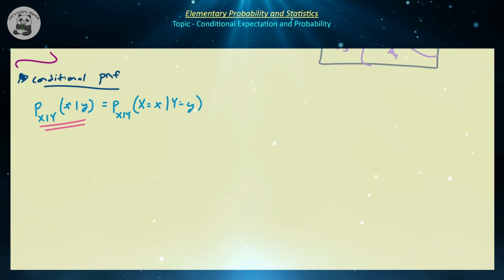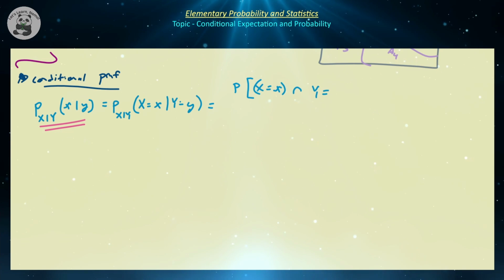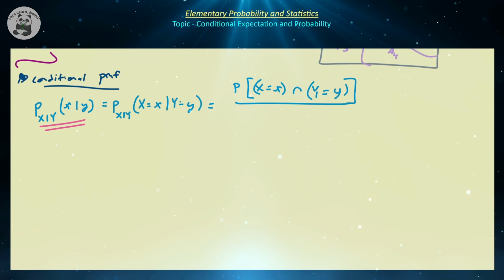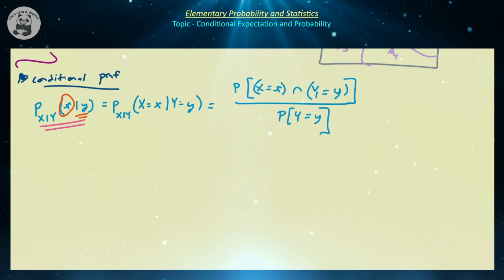We're going to be using the former, and this is defined to be equal to the probability that X equals little x and Y equals little y divided by the probability that Y takes the value little y, right? So it looks practically like Bayes' rule, just a functional representation of it, okay? Keep in mind, x is usually the variable in this expression, and y is just a constant, all right?